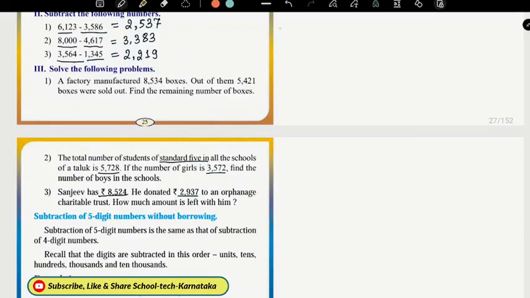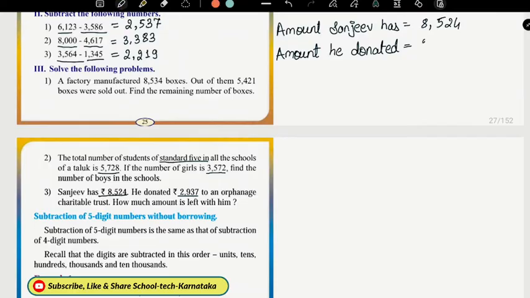So amount Sanjeev has is equal to 8,524 rupees and amount that he donated is equal to 2,937. So we need to find the amount that is left with him.